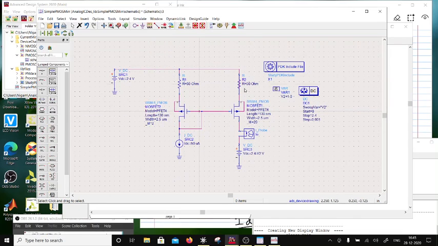Let's say that this value is R here and R here. So it is symmetric, right? So nothing changes. The only thing is that the VDC is going to be different now. It will be 2.4 minus IR. So that will be the supply to the two transistors.